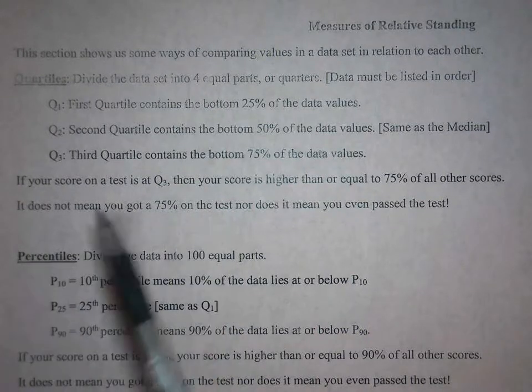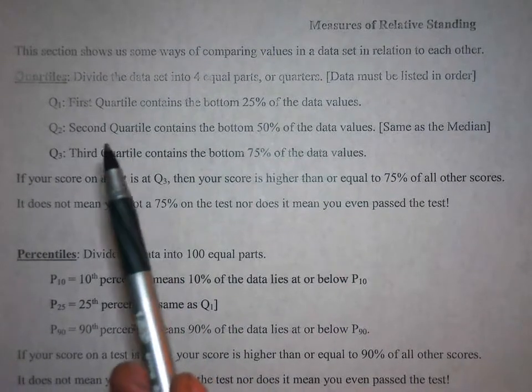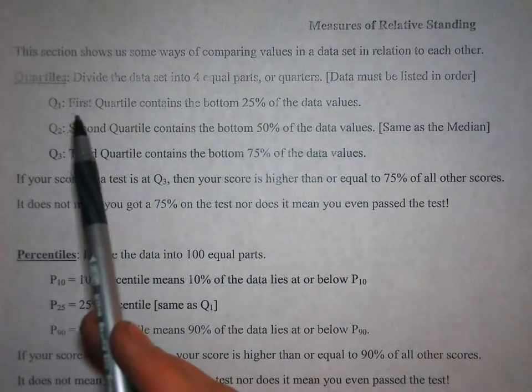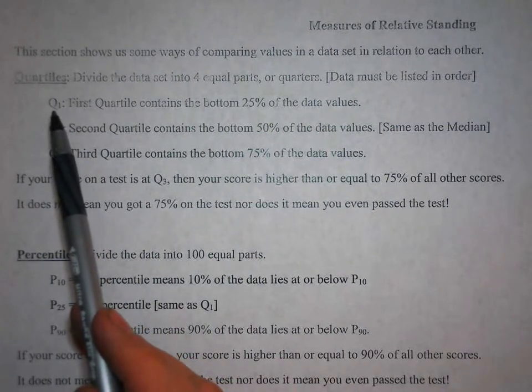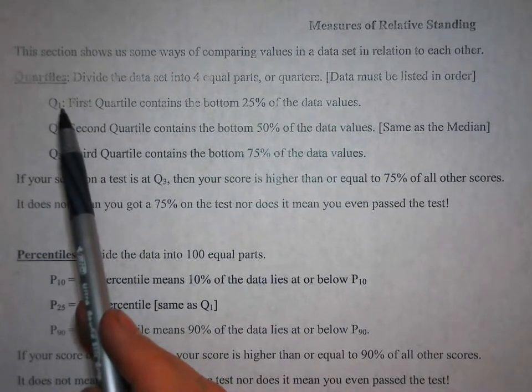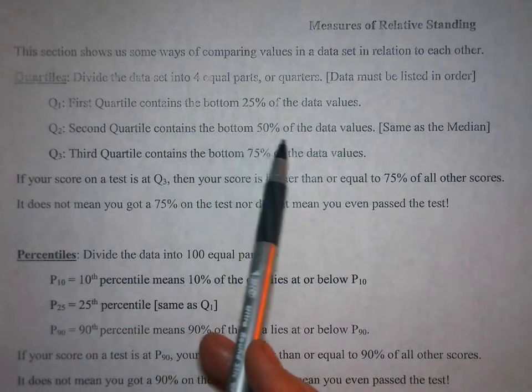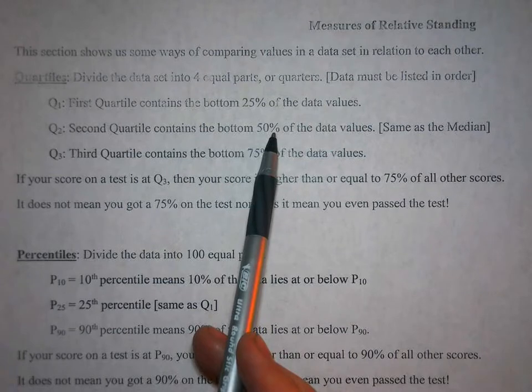Again, what that means is that if there were 100 data values in your data set, 25 of them would be at Q1 or below. 25 of them would be between Q1 and Q2 for a total of 50% below Q2.